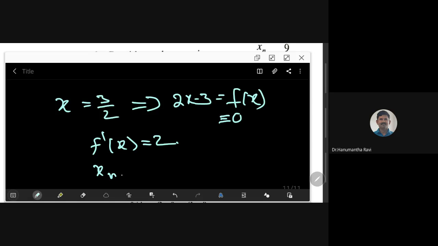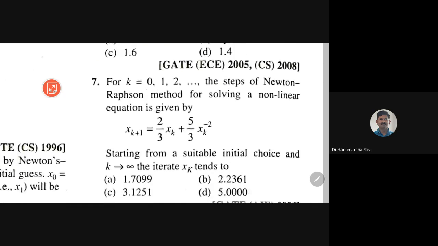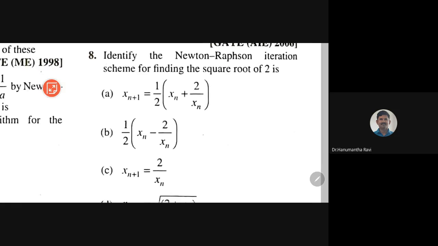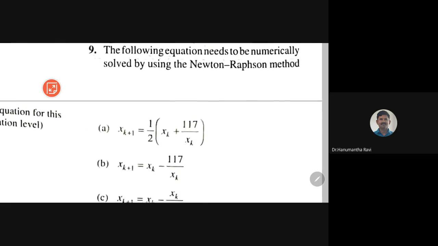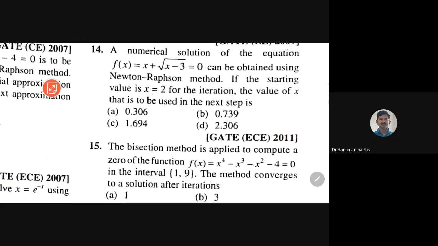So xn plus 1 is equal to xn minus fn, fn is 2 xn minus 3 by f dash, that is 2. No, there is some problem here. Some typographic error. Okay, like this, now you can go on for similar problems here.